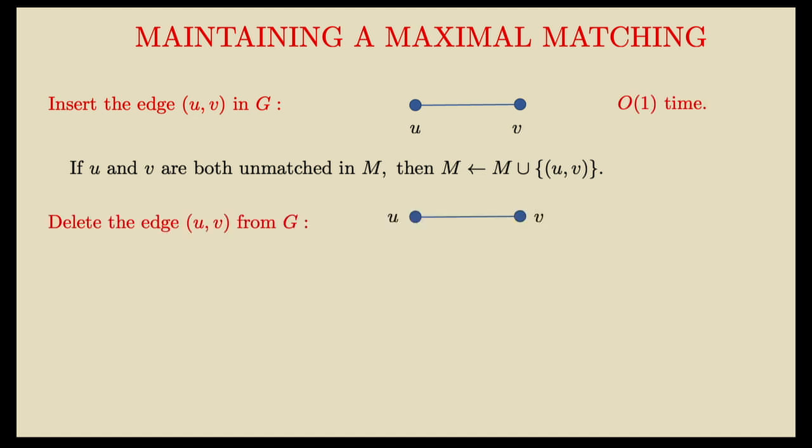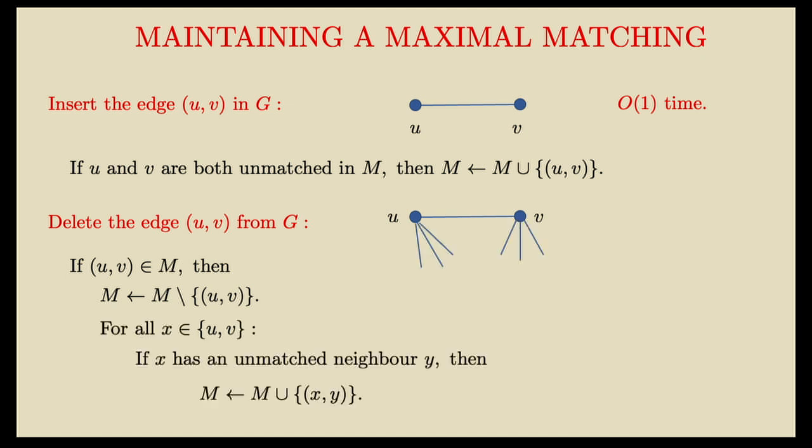On the other hand, when an edge gets deleted, we just visit its 2 endpoints. If this deleted edge was present in our matching, we just visit both its endpoints and check if for each of these endpoints u and v we can rematch it to some free neighbor. So, basically we are just scanning the adjacency lists of u and v, trying to find potential free neighbors of u and v. If yes, we just rematch them.